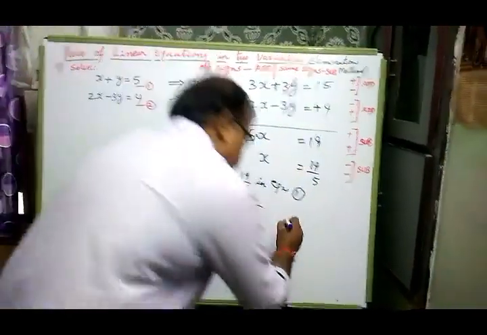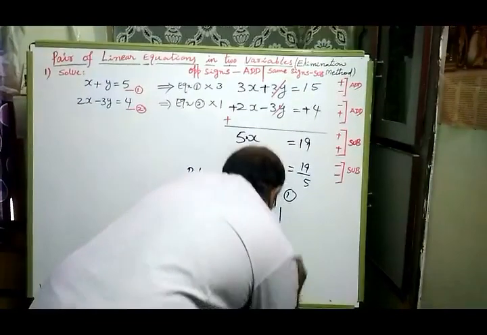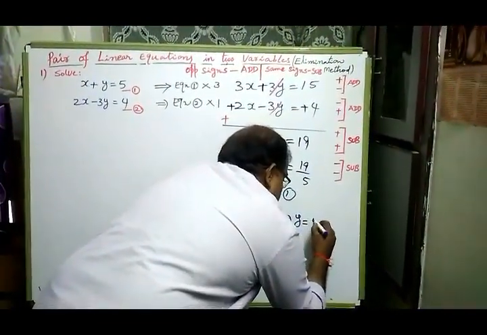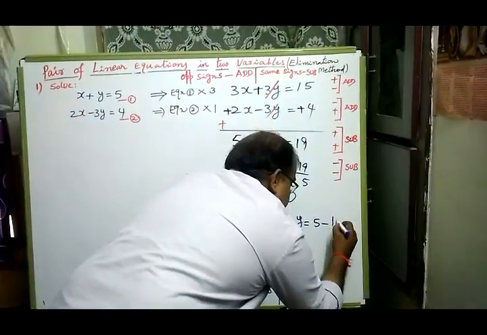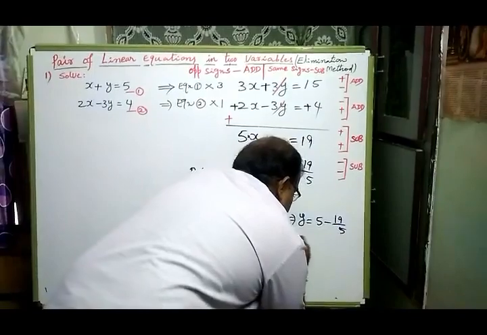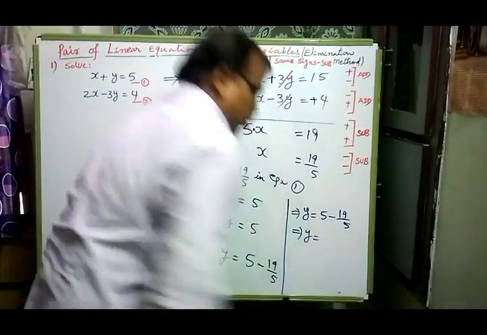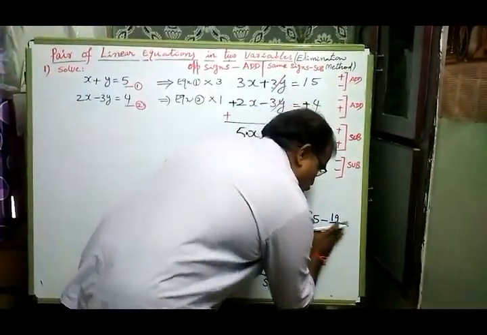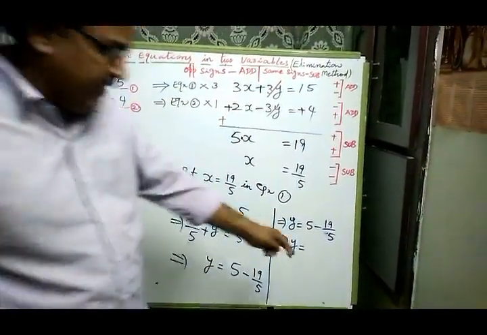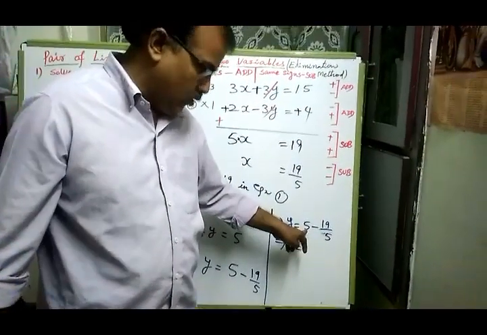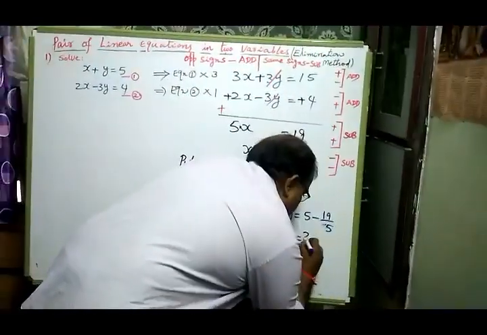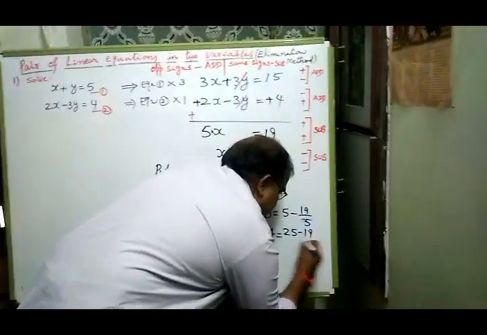Here I am going to solve. y is equal to 5 minus 19 by 5. You can take the LCM, otherwise the shortcut method: 5 fives are 25. 25 minus 19 by 5.